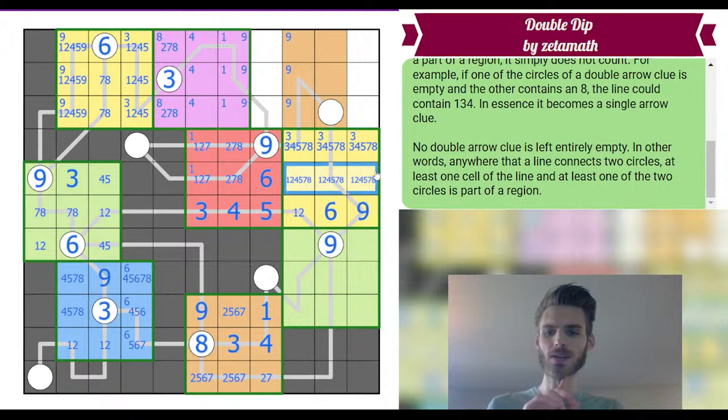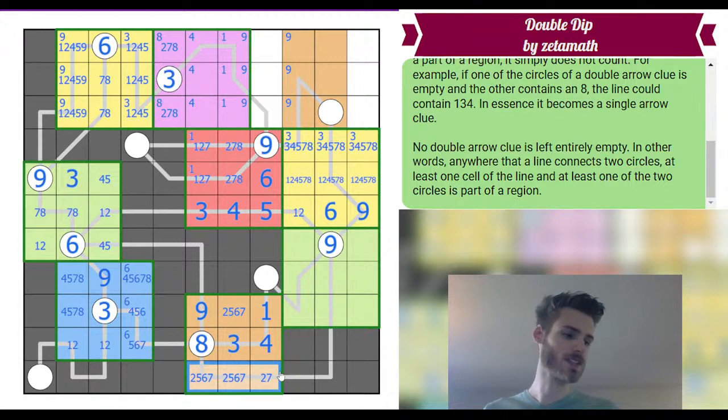Let me think here. So what did we get? We didn't get anything from this. We may have gotten something, but I do not see it. What's the maximum you add up to?